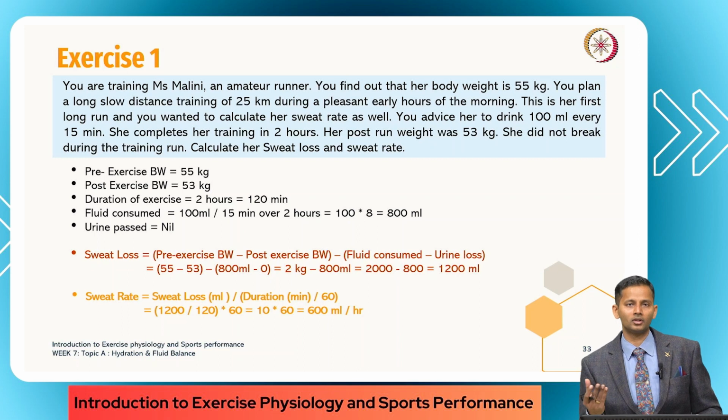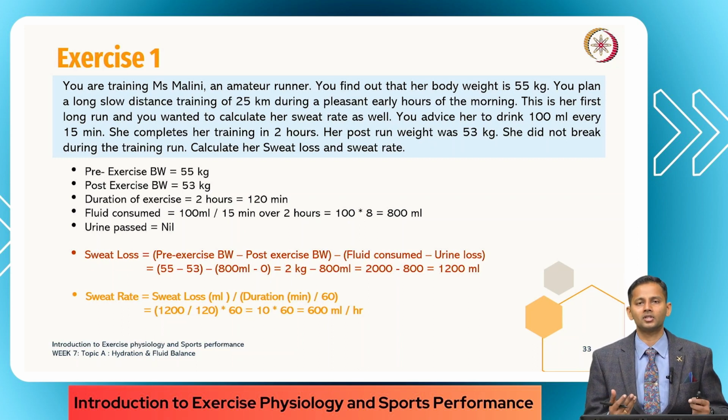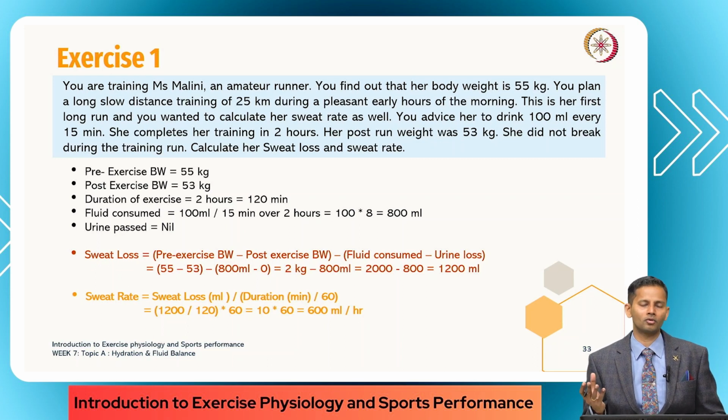So now based on this, you can also plan her next event wherein she can increase the intake. So the loss will be further reduced, right? So 600 ml corresponds to roughly 0.5 kg of weight loss. So that's okay.